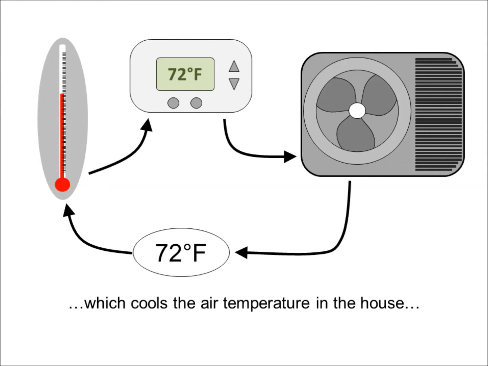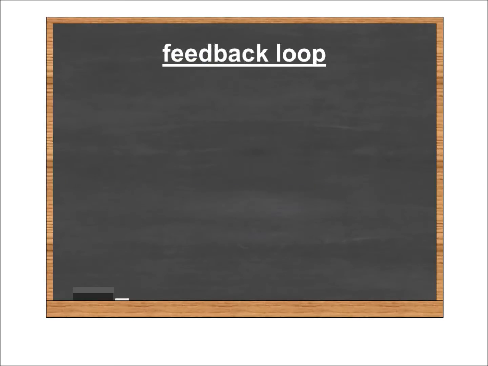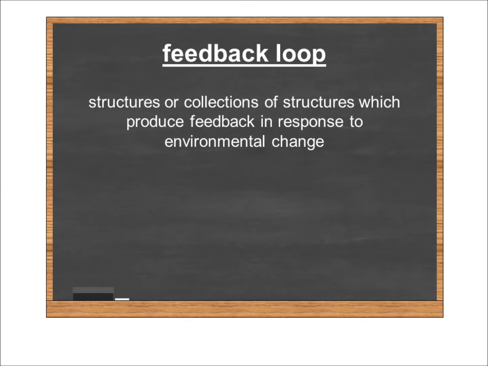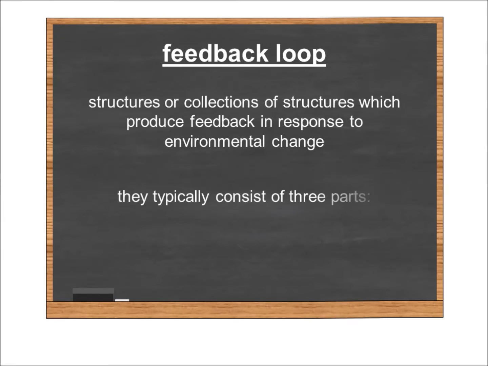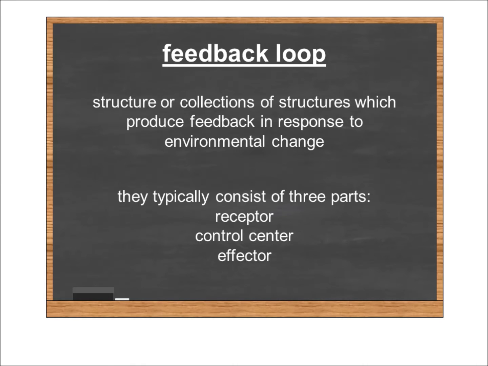Now notice as I've drawn this, we have this lovely little circular diagram on the page. We have what's called a feedback loop, a collection of structures or a single structure that produces feedback in response to an environmental change. And these feedback loops have to have three parts, as we just saw: a receptor, a control center, and an effector.